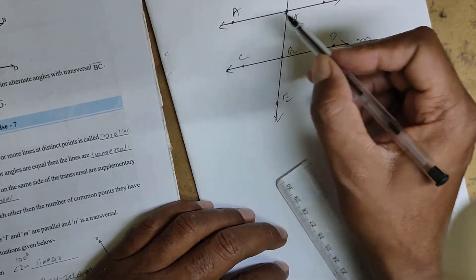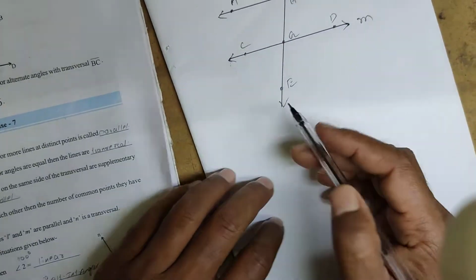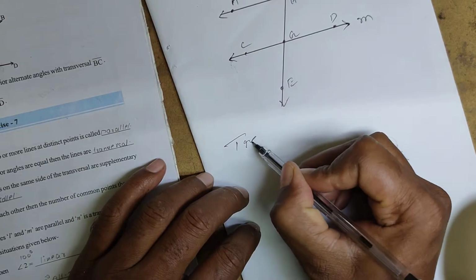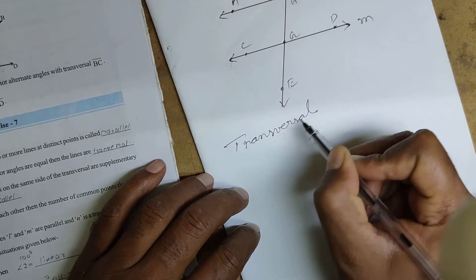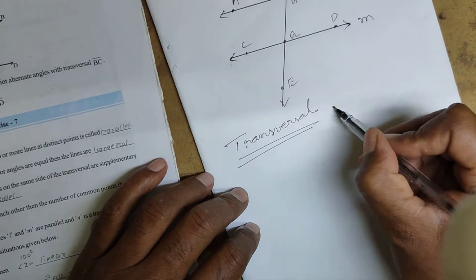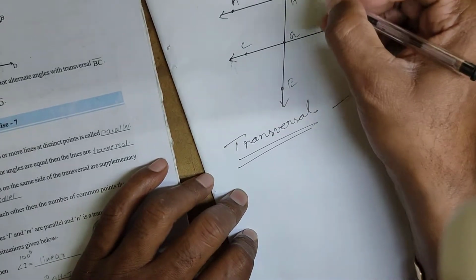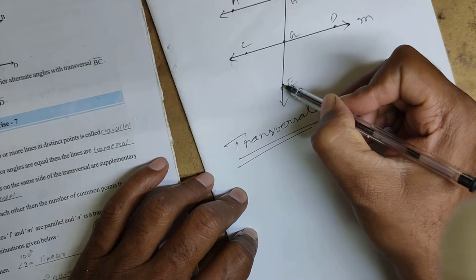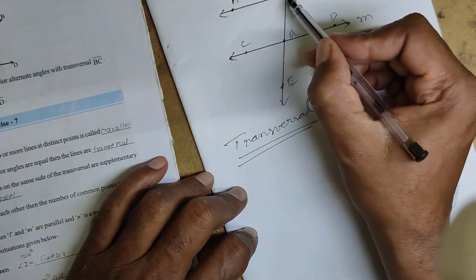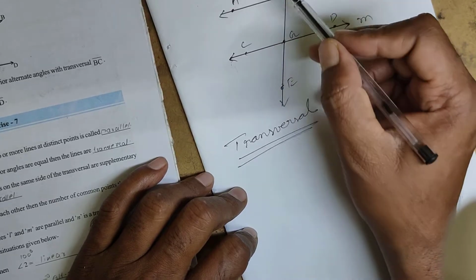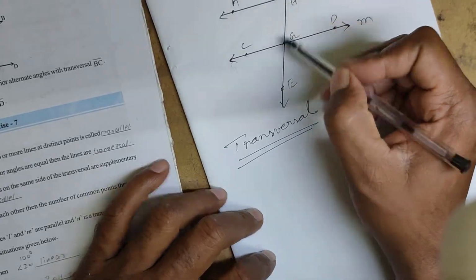So here, what is a transversal? The spelling is like this. Transversal. A transversal is a line that intersects two other lines at two different points. Then this line is said to be called a transversal.